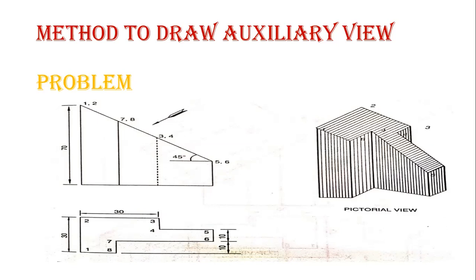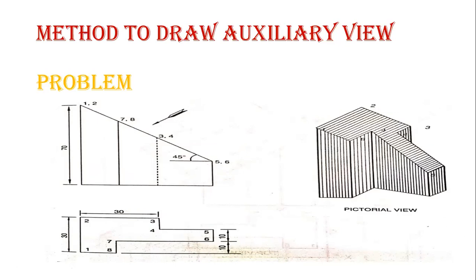First, we will draw the given orthographic views with a suitable scale as given in the problem and give suitable naming to each corner of the inclined plane or surface. Respective naming is done here: 1 2 3 4 5 6 7 8, and respective naming in the top view is done here. The three-dimensional view or pictorial view of this inclined plane is shown here.